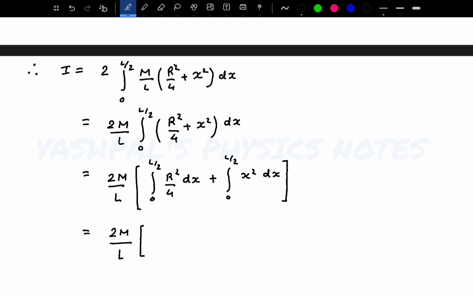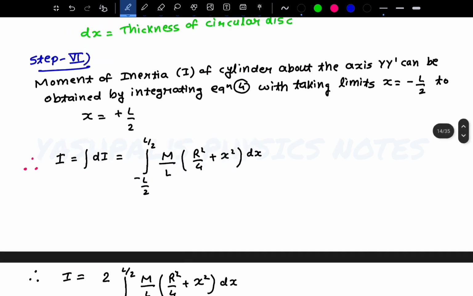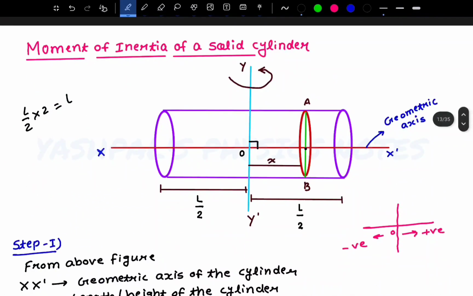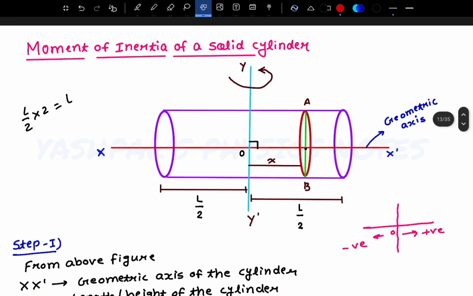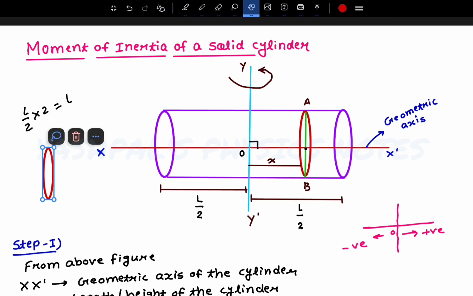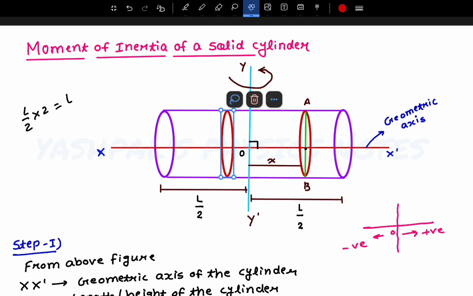Now here you can see that capital R, which was the radius of the circular disc, was not changing. For example, if I had taken a circular disc here, the radius of this circular disc and the radius of this circular disc will remain the same, which is not changing.